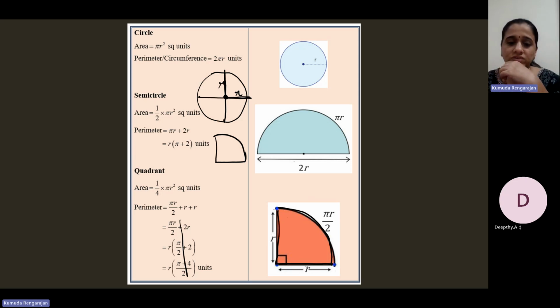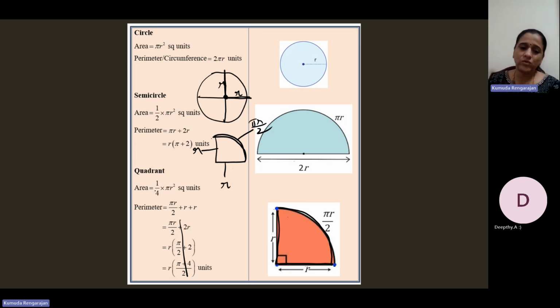The length of this one is 1/4 the boundary of the circle. So 2 pi r by 4, which is pi r by 2. So r plus pi r by 2 is the expression to find the perimeter of a quadrant.